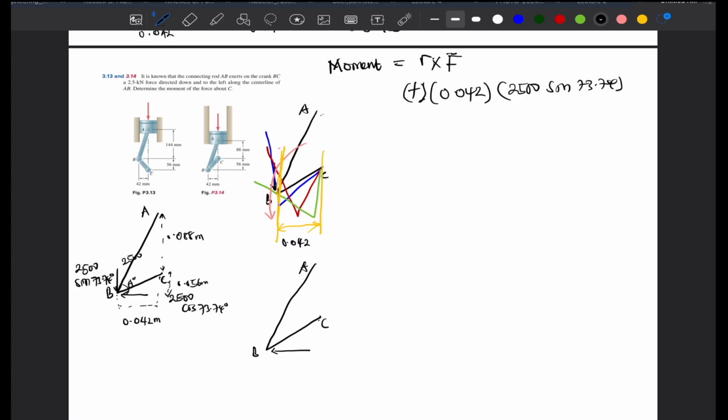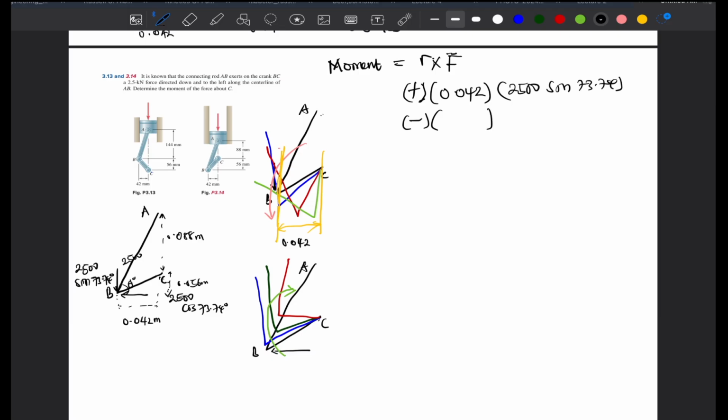From this initial position, we can expect it to go this way, then next this way, then this way. So we can see here that the application of a horizontal force at B tends to move our body ABC in a clockwise direction. So for this, our symbol has to be negative. So we're going to write negative as our symbol.